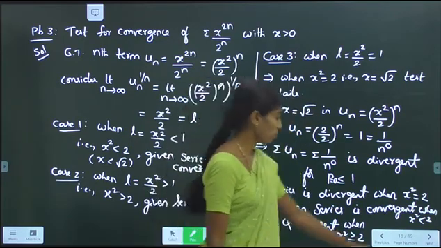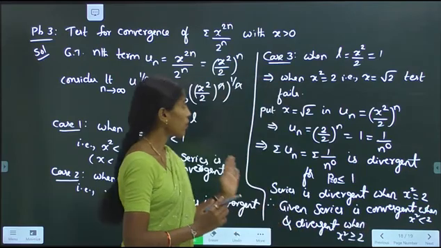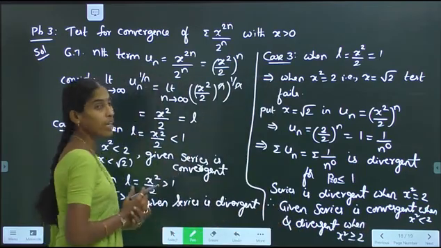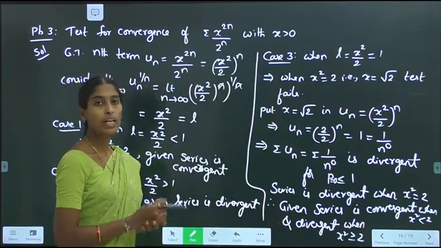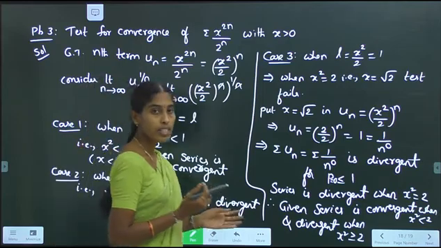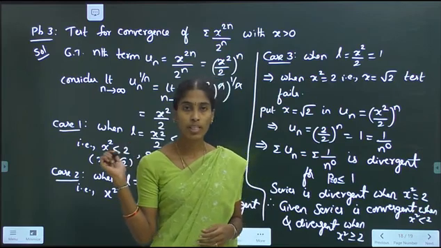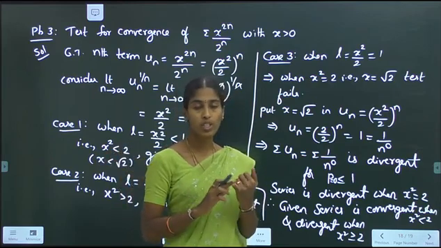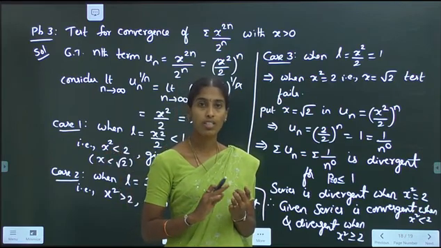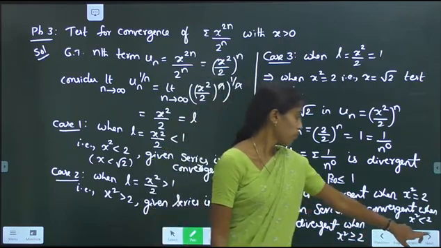This is the problem. Like that, whenever the case 3 test of failure is there, we have to apply any suitable test and decide whether the series is convergent or divergent. This failure case occurs in both the ratio test and also Cauchy's nth root test.